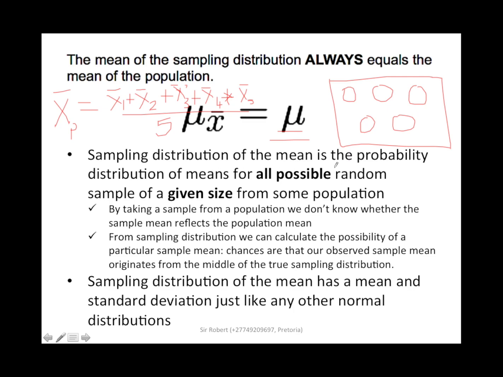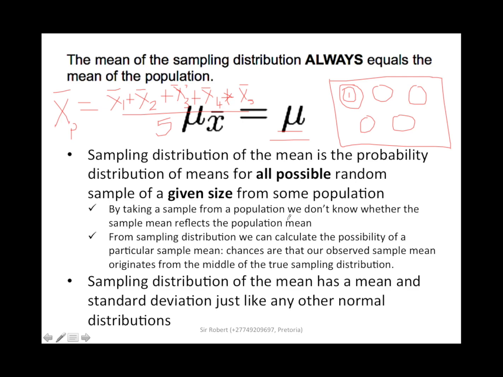Sampling distribution of the mean is the distribution of the means for all possible random samples of a given size from some population. By taking a sample from a population, we don't know whether the sample reflects the population mean. If we only take one sample, we are not sure whether that one sample represents the total population. By taking several samples from the population, we increase our chances of getting a better result.